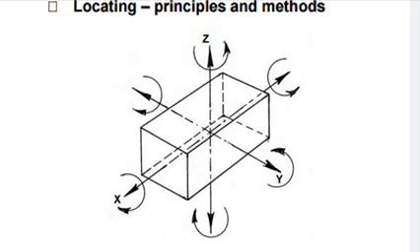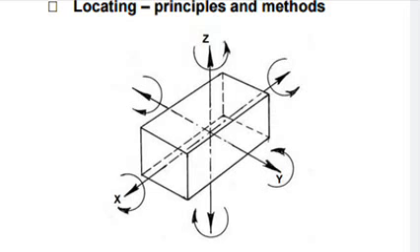They are x clockwise, x anti-clockwise, y clockwise, y anti-clockwise, and z clockwise, z anti-clockwise. Now my dear friends, it is clear that the component can only move in these 12 movements. Therefore we will call this a 12 degrees of freedom picture.